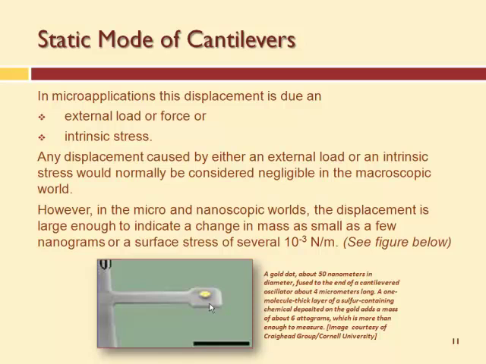Atto is 18, so 10 to the minus 18 grams. Now, if you do the calculation, how many gold atoms is that? It's a lot of gold atoms, I think in the millions. So you can even go smaller than that. Attograms is a really small amount.